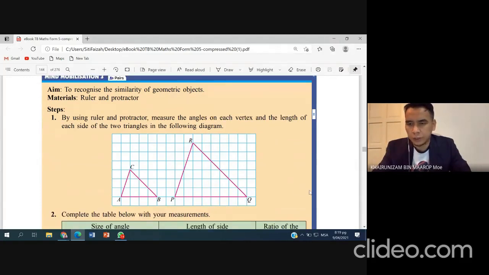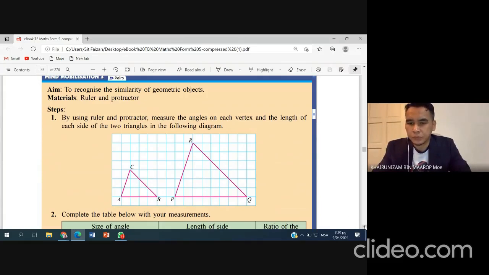Given two triangles of different size, triangle ABC and PQR. ABC is the smaller one and PQR is the bigger one.